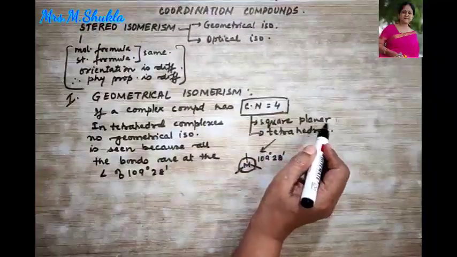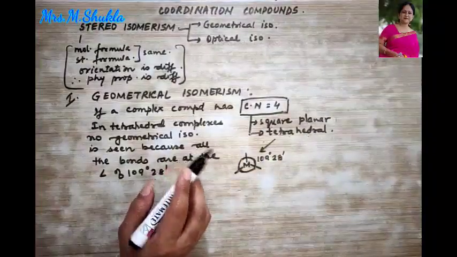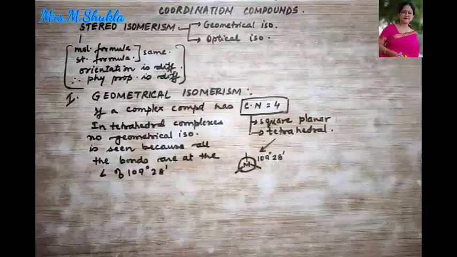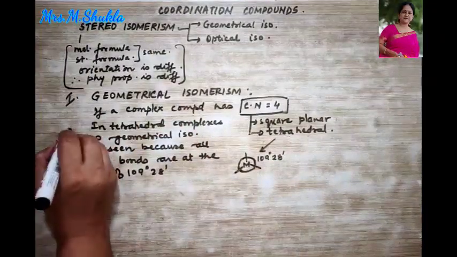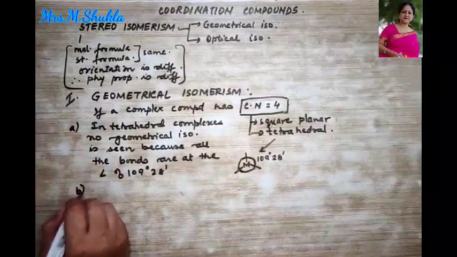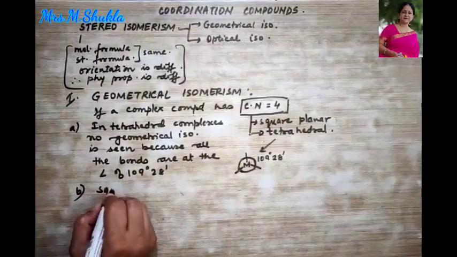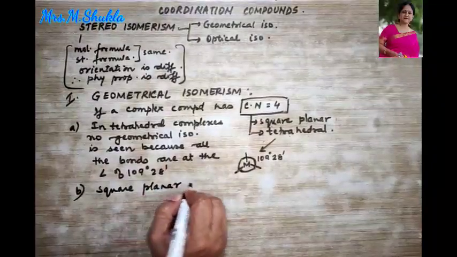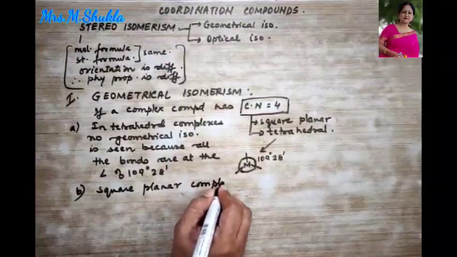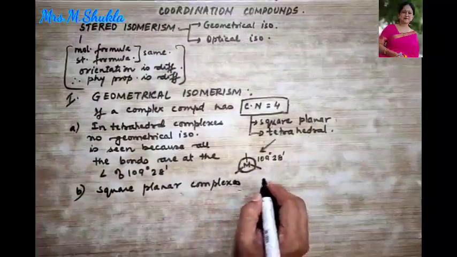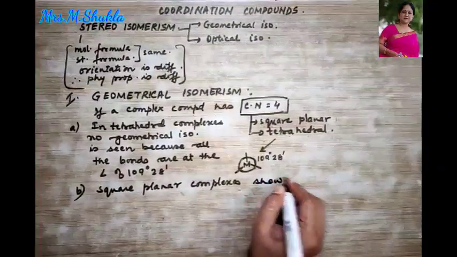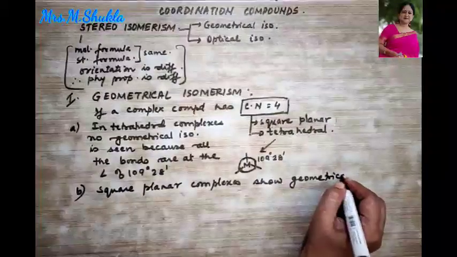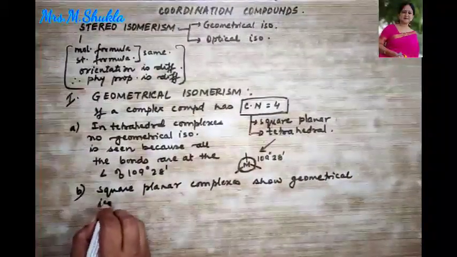Now we are left with the square planar. Square planar is going to show you geometrical isomerism. This was the first point. This is the second point: square planar complexes show geometrical isomerism.